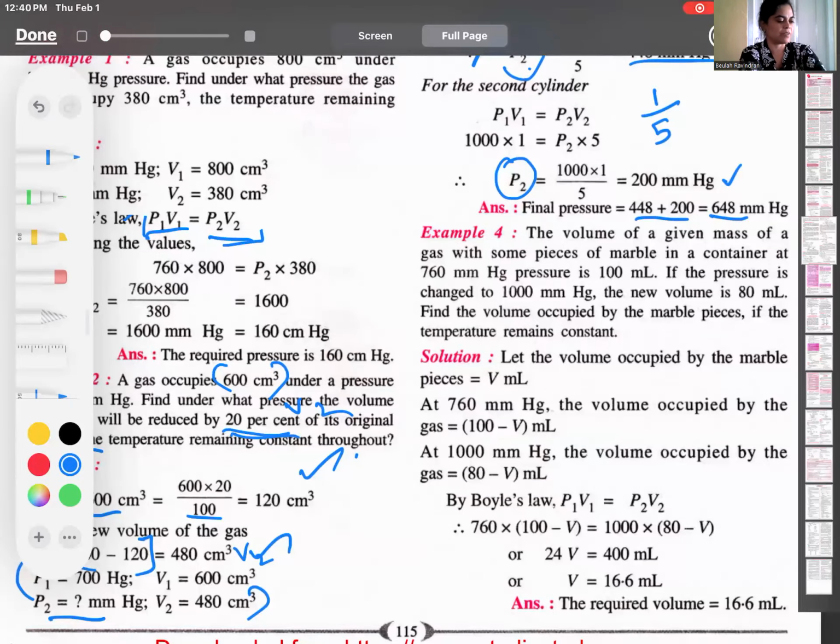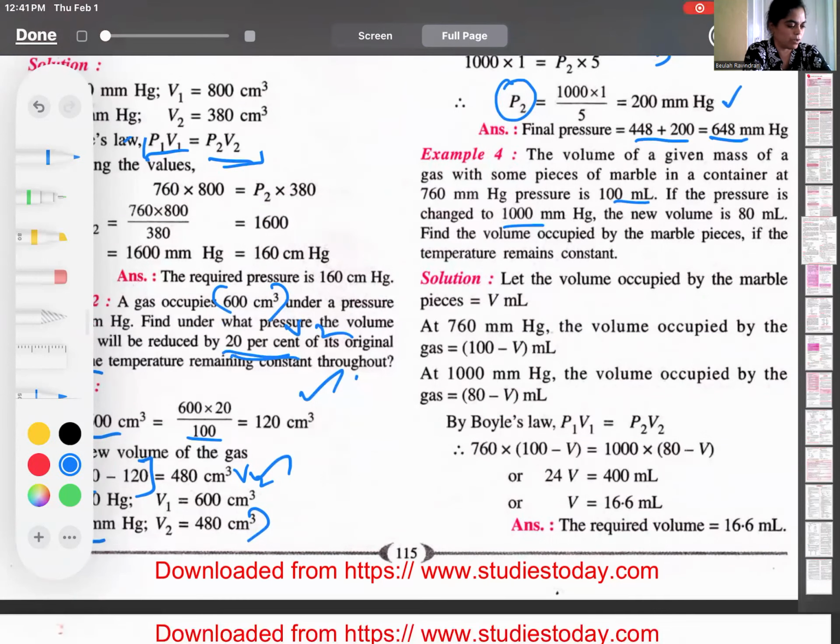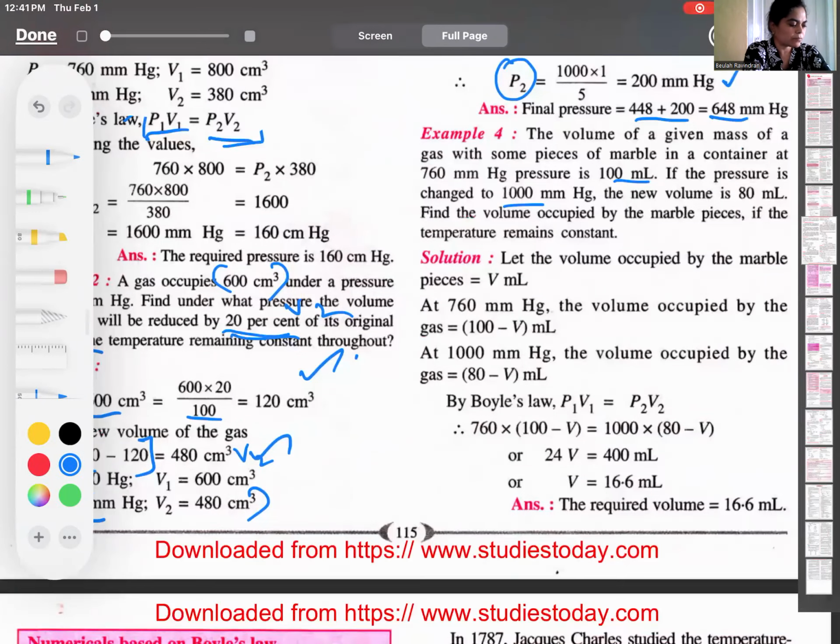The volume of a given mass of a gas: this is example 4. The volume of a given mass of a gas in a container at 760 millimeter of mercury is 100 ml. If the pressure is changed to 1000 millimeter of mercury, the new volume is 80 milliliter. Find the volume occupied. So here we have to find the volume.